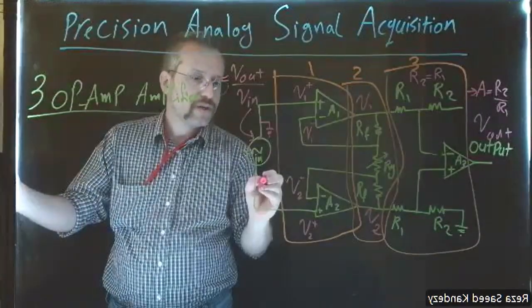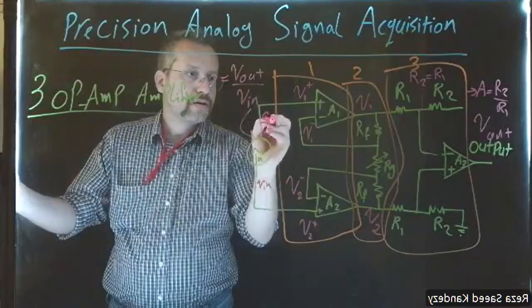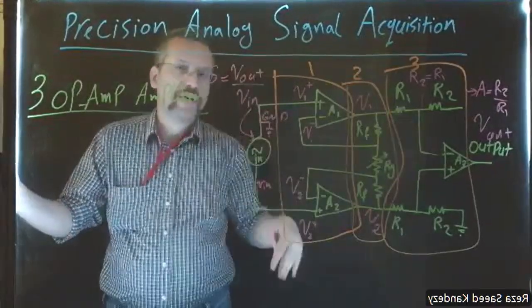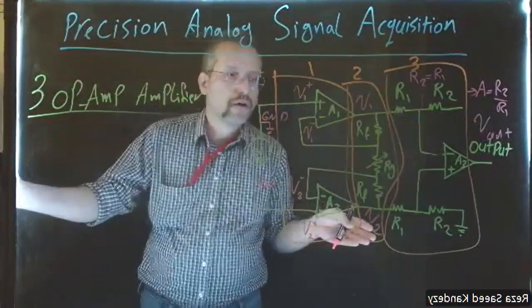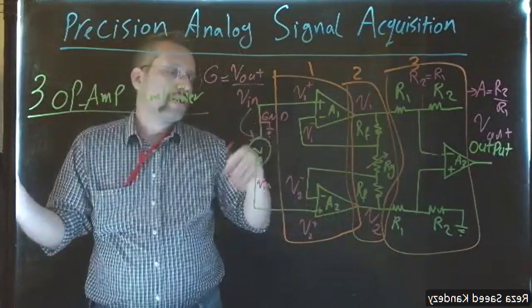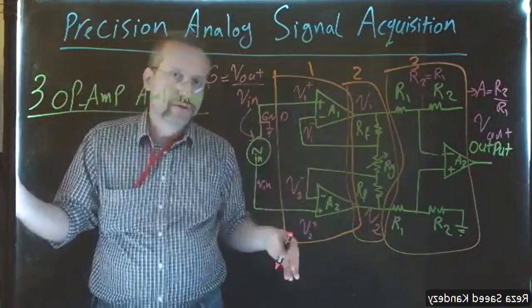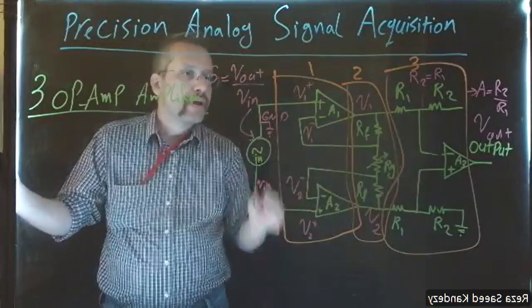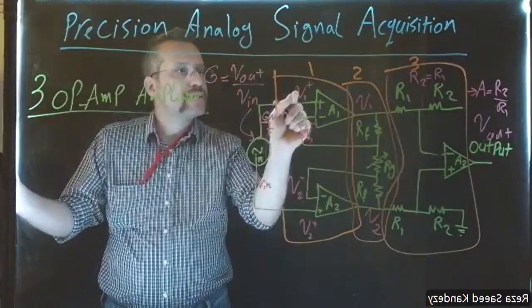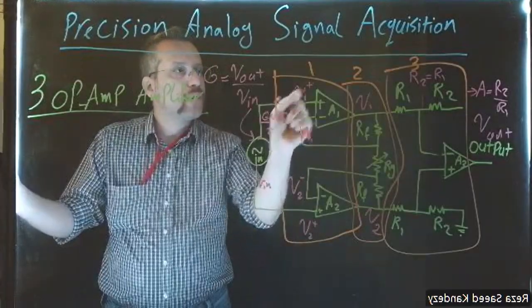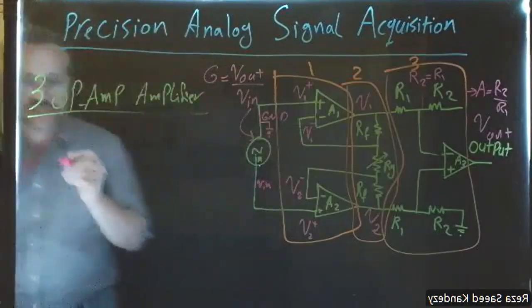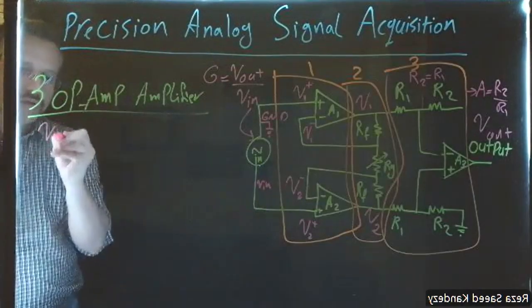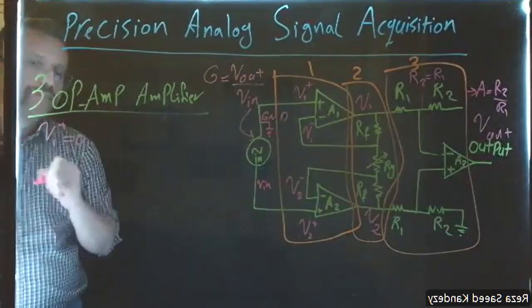This is V in, this is ground. This is for simplification. You can eliminate this assumption. Now, let's see what's happening in this circuit. If this is ground, that means non-inverting V1 plus is 0. Let's write it down. V1 plus is 0.